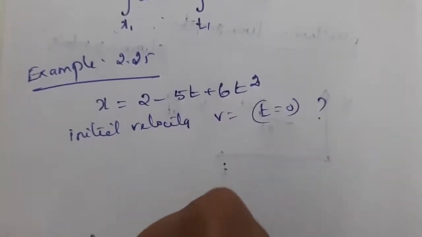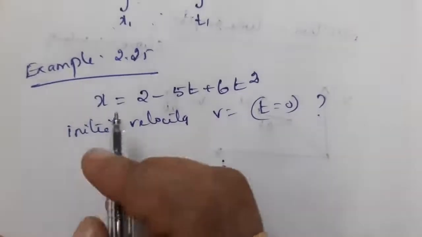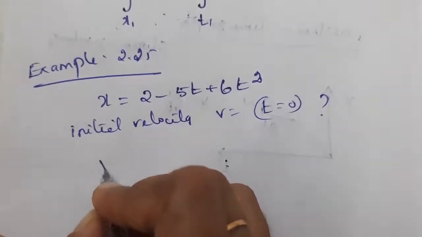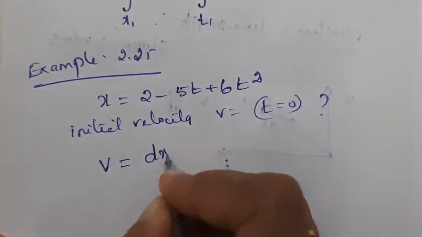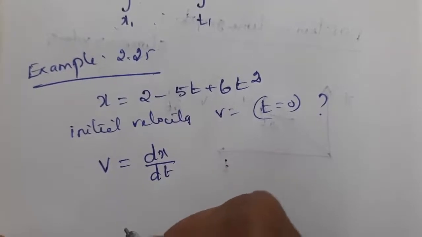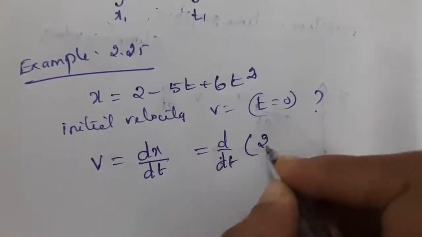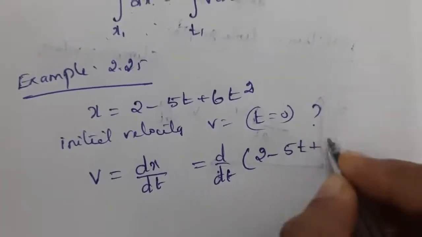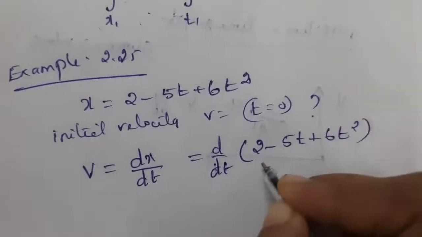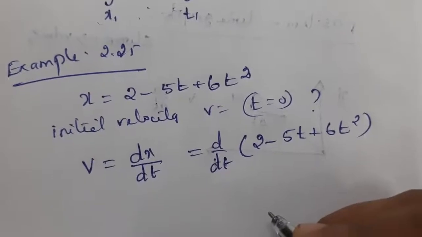Velocity can be obtained by v is equal to dx by dt. So we can write d by dt of 2 minus 5t plus 6t square.